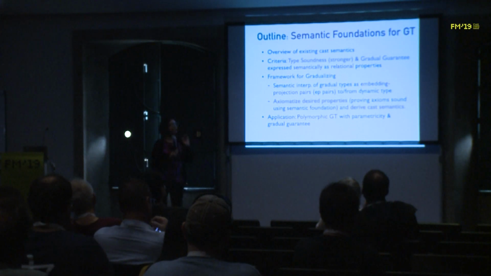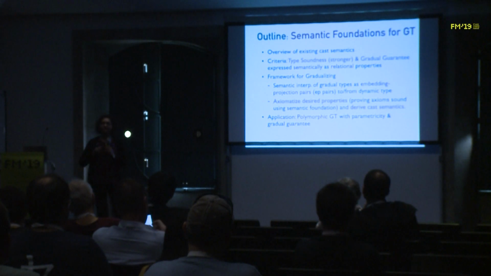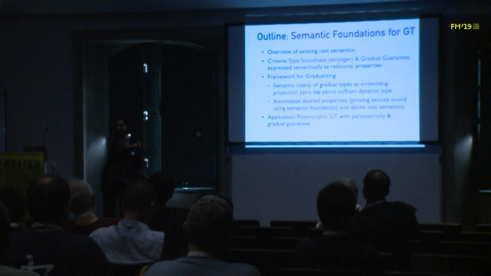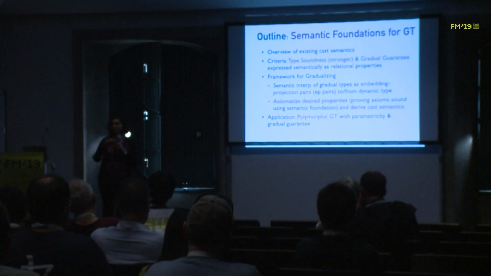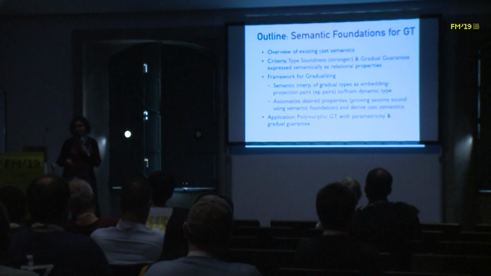At the very end of the talk, I'll spend just a few minutes talking about how we have used this methodology, this semantic foundation that I'm going to tell you about, to essentially axiomatize what properties we want from a polymorphic gradually typed language, and then derive an appropriate gradually typed surface language that satisfies both the gradual guarantee and parametricity, which you want from a polymorphic language. But I'll only briefly touch upon that.